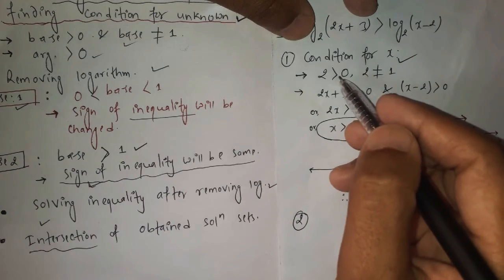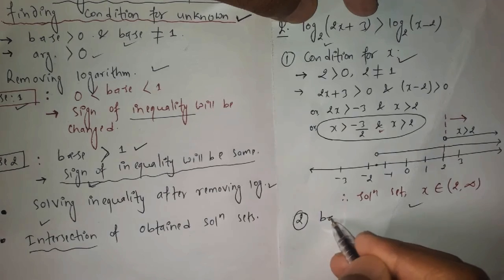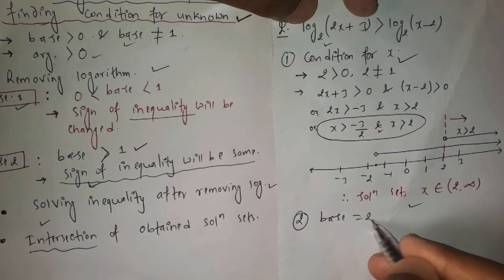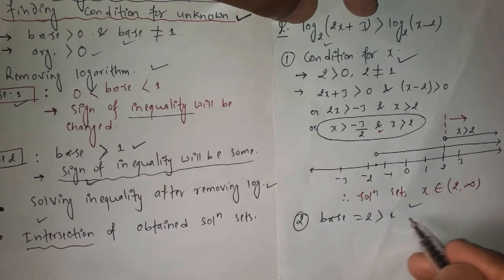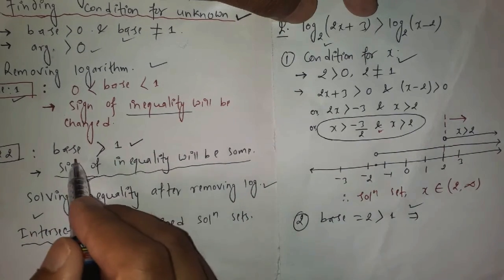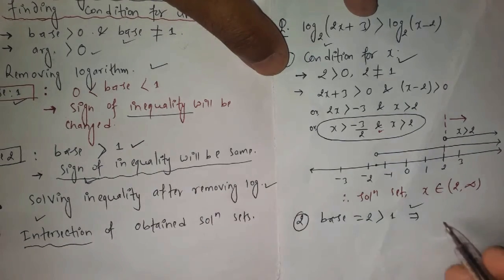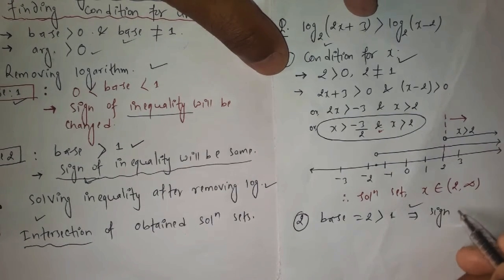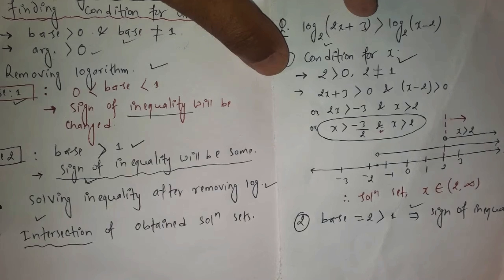Here the base of the logarithm is 2, which is more than 1. So applying the second case, when the base is more than 1, the sign of the inequality will be the same.